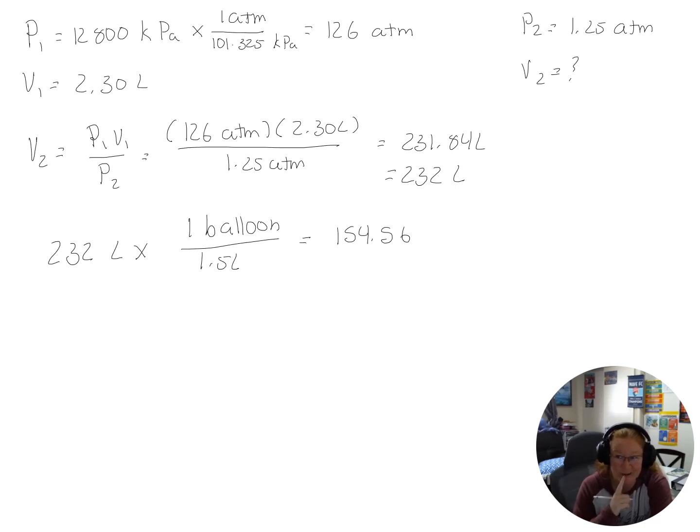So how do you think we're going to round this? I'm not figuring out how many half balloons I can fill, right? I have to figure out how many total balloons I can fill. 154.56, well, that 0.56 doesn't really round up to another full balloon. So what I can fill is 154 balloons. Okay, so that's how many balloons I can fill with that particular helium tank.